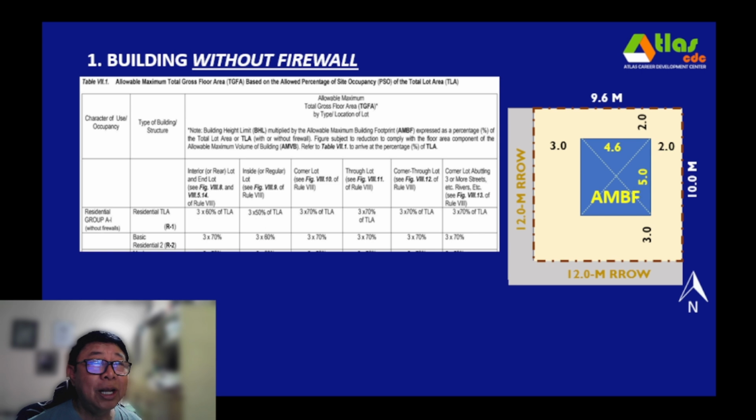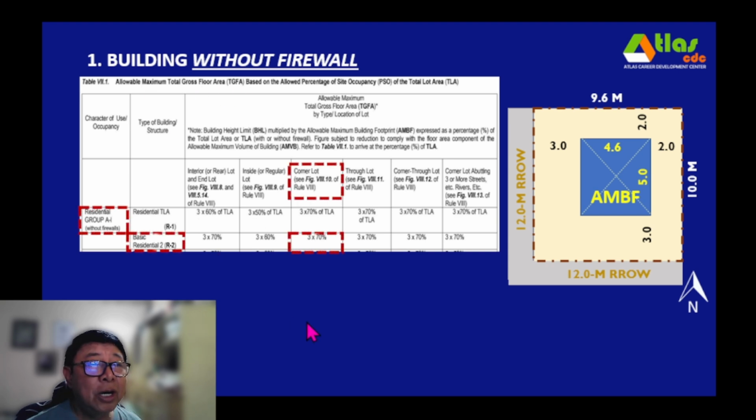So let us go now to the maximum TGFA allowable. Our reference for this development control is table 7.1. This is the allowable maximum total gross floor area.